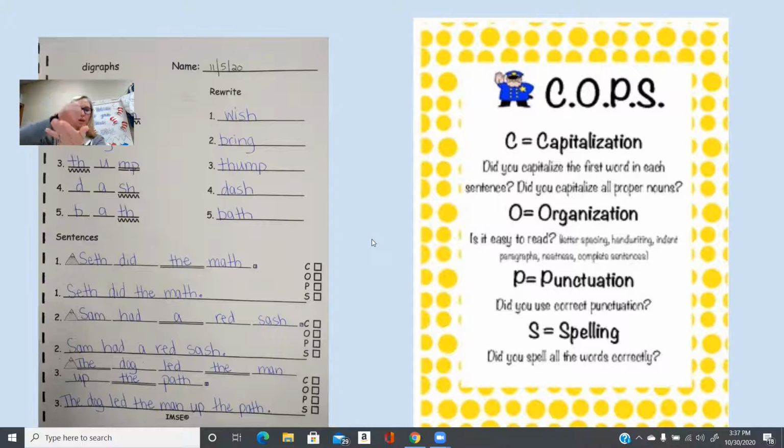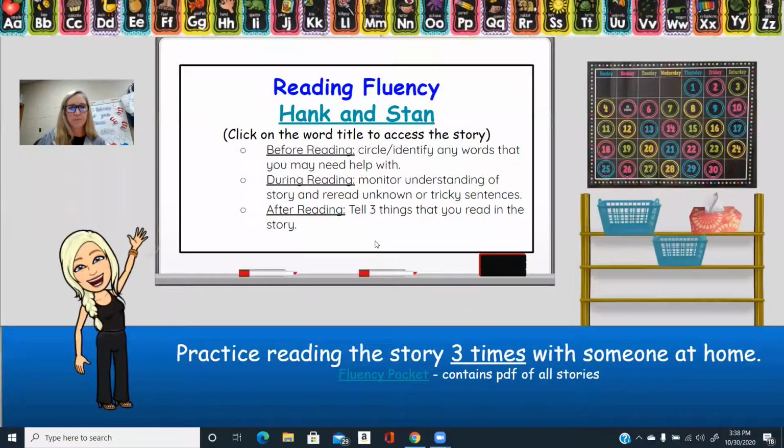The next one, number 2, Sam had a red rash. And number 3 says, the dog led the man up the path. Go ahead and practice writing all of those and then come on back because we need to continue our lesson.